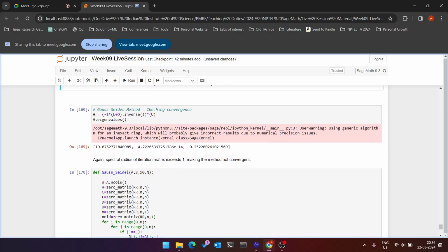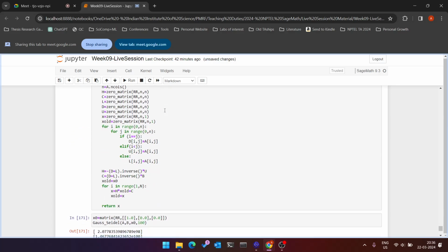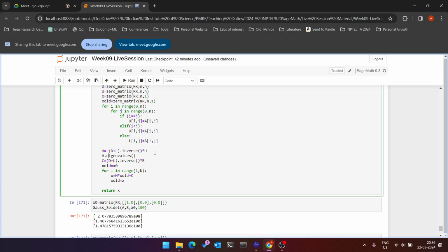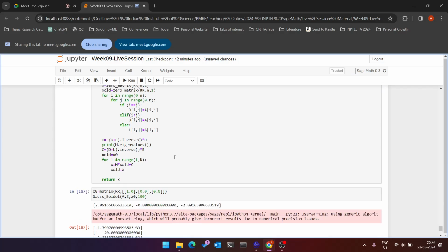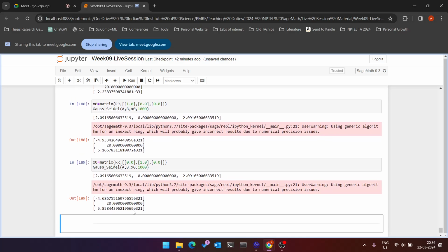If I go to the Gauss-Seidel method, again this is not what we have. If I print H dot eigenvalues, again you can see that this is a problem. You won't get the exact solution.